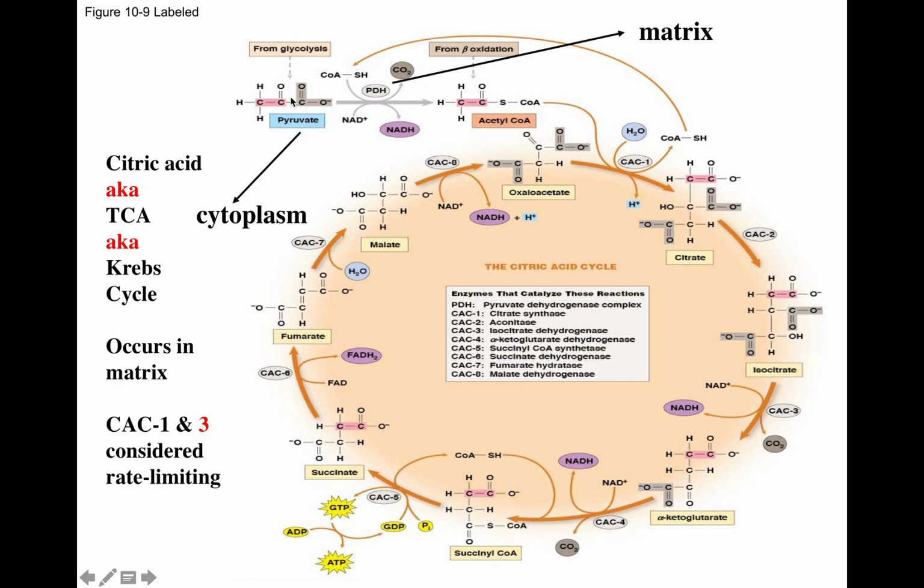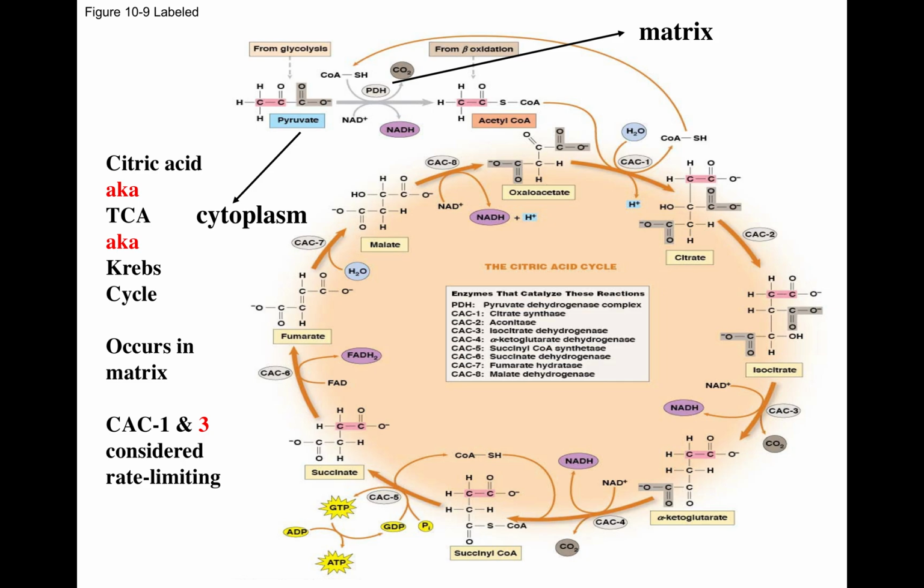Pyruvate gets decarboxylated, so 3-carbon molecule, one of the carbons comes off as CO2. You breathe that out. The remaining 2 carbons are an acetyl group. They're attached to coenzyme A. Coenzymes are not enzymes, but they are compounds that help enzymes work.